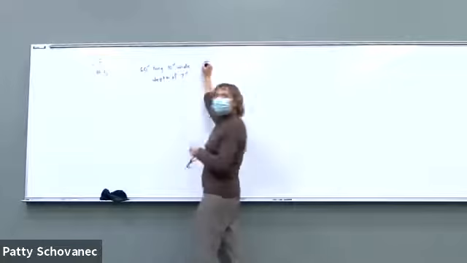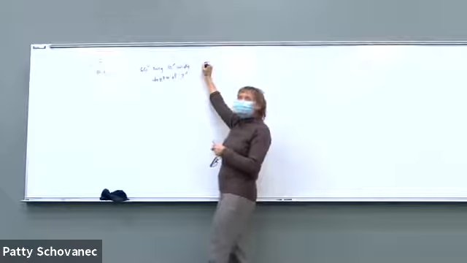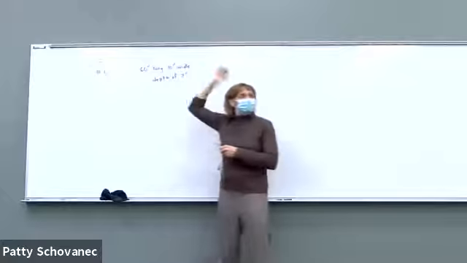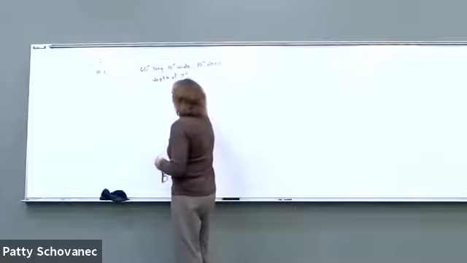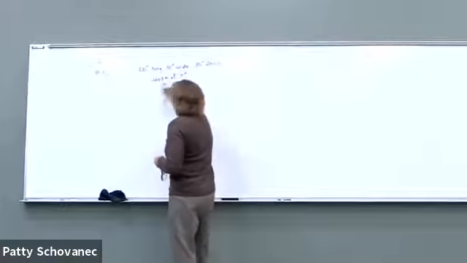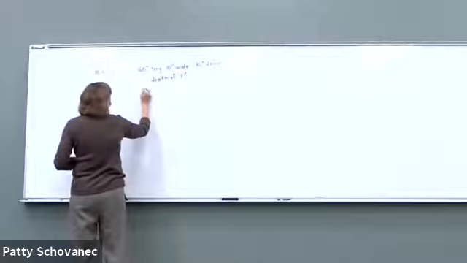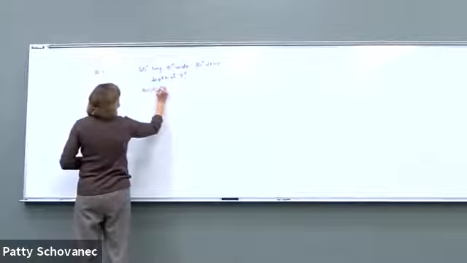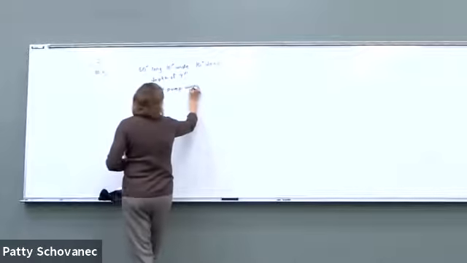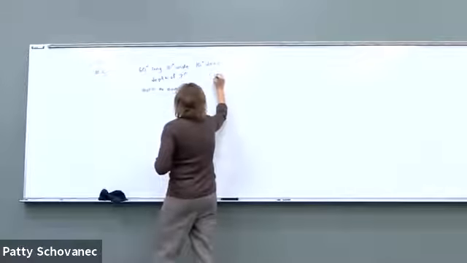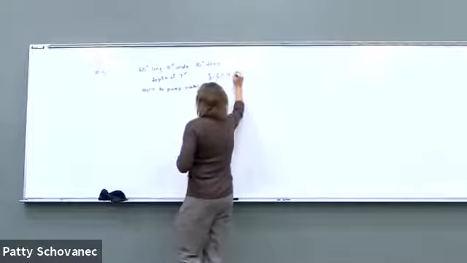I forgot how deep you said it was. 10 feet deep. Filled with water to a depth of 7 feet. Use an integral to find the work required to pump all the water out over the top. Take the density of water to be 62.4 pounds per cubic foot.